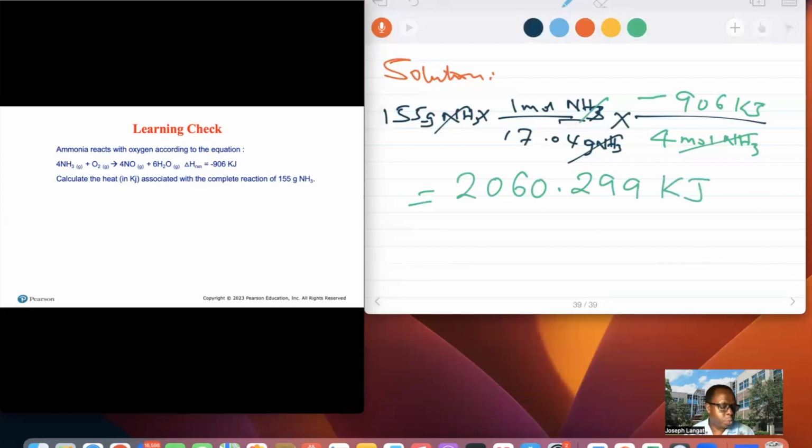This is more than what we need for significant figures, so it's 20 kilojoules is given off. For 3 significant figures, it's going to be 2.